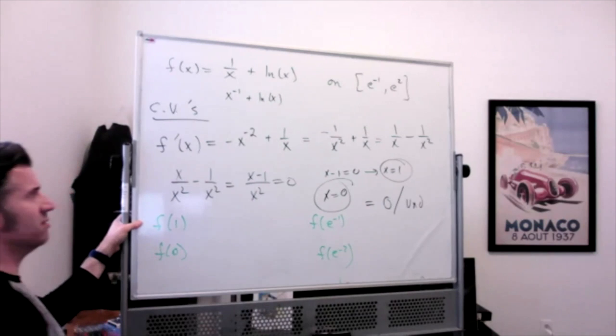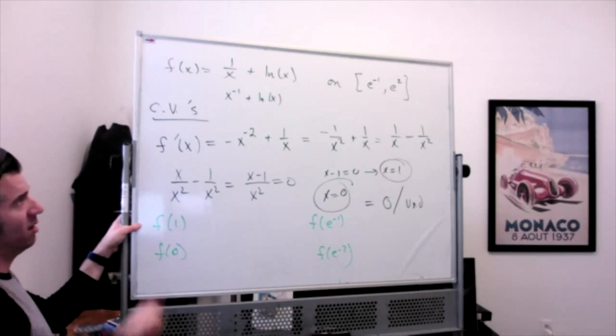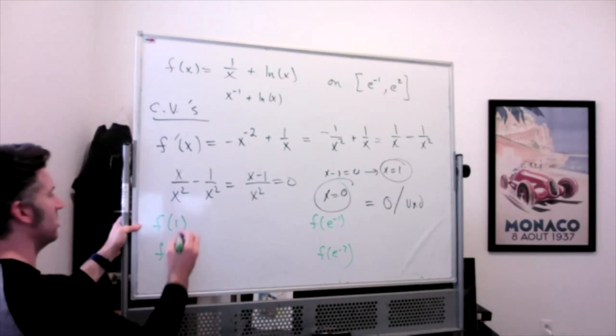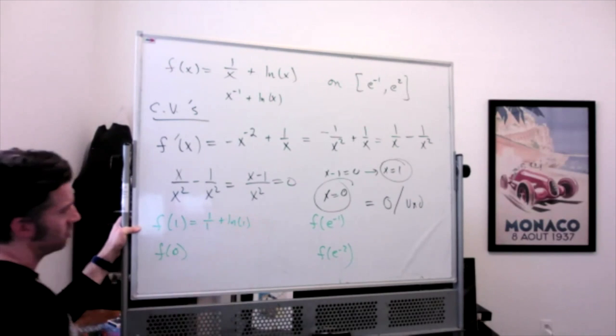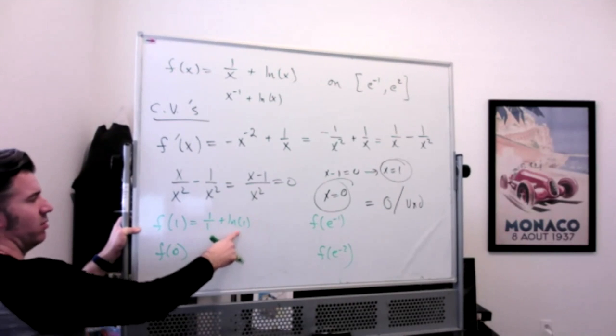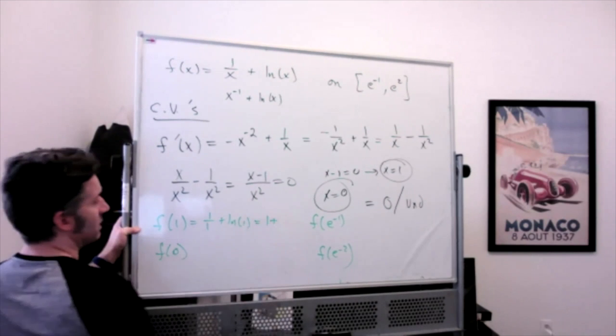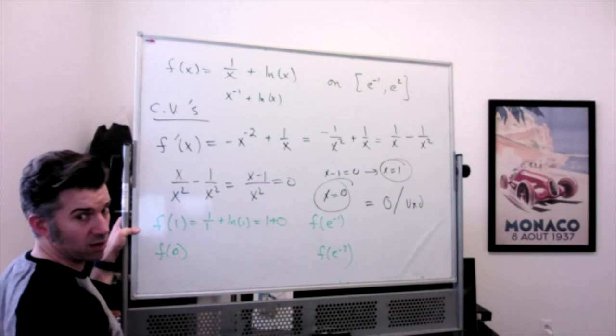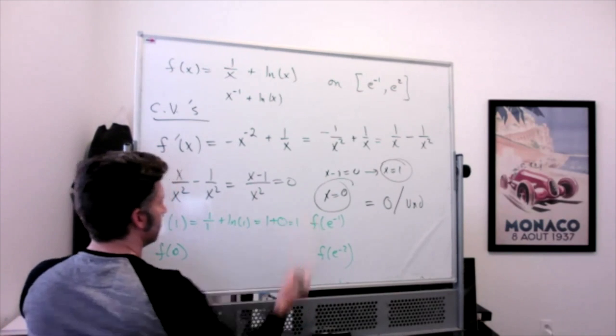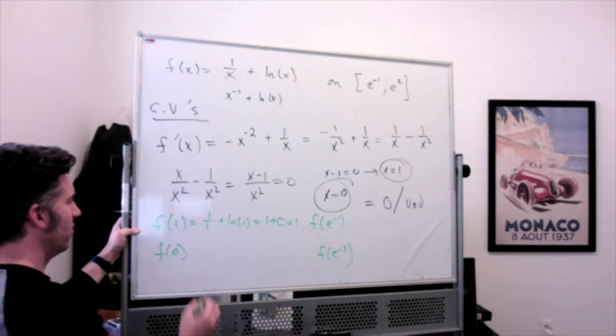So what's f of 1? Well, I'm going to plug it back into the original function. I get 1 over 1 plus the natural log of 1. What's the natural log of 1? 0. This is just 1. What about f of 0?